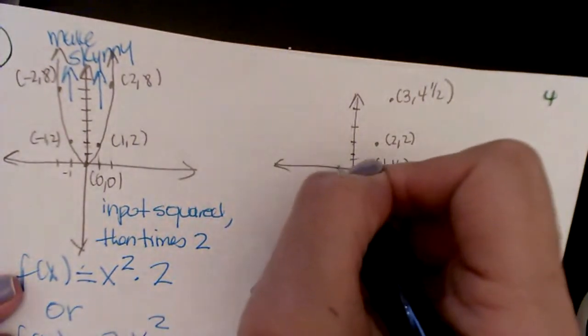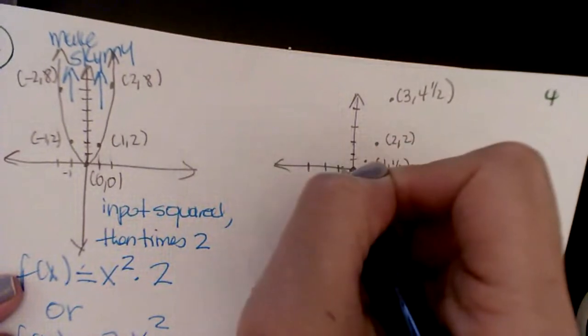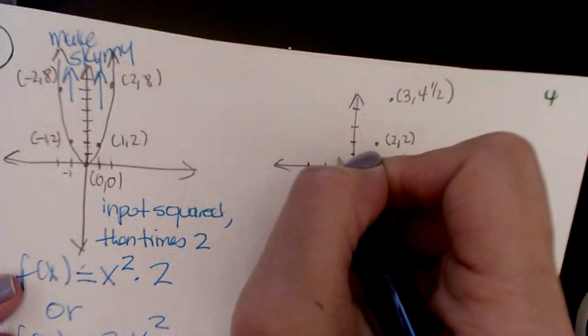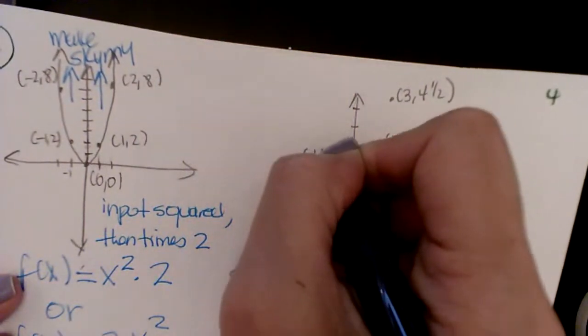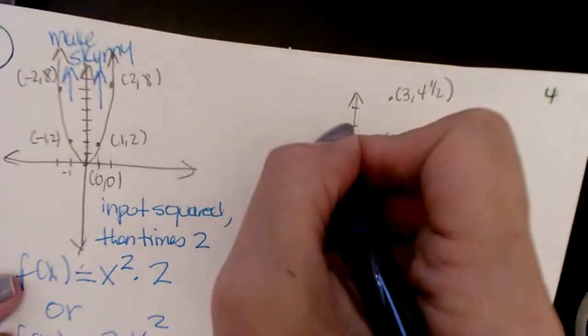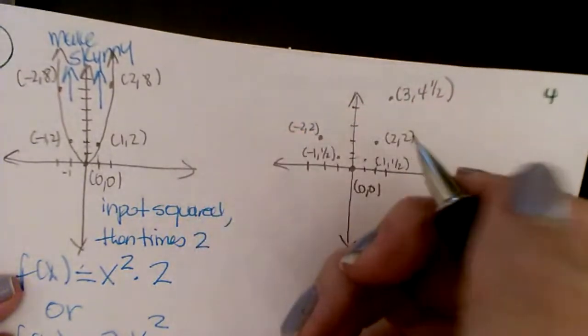Now let's do this other side. This other side we're going to have 1, 2, and 3. So in 1 we're going to have -1, but negative. So we have -1 comma 1/2. Now we have -2 comma 2.